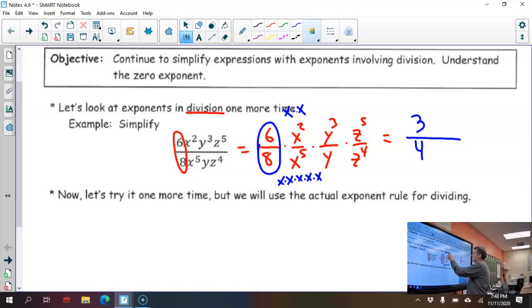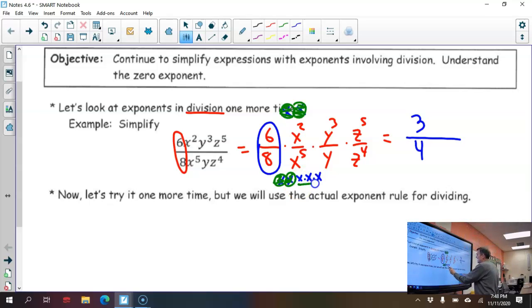So because I have an x on top and an x on the bottom, it cancels out. I have another x on top and another x on the bottom. It cancels out. And then I cannot cancel out any more of them because I'm out of x's on top.